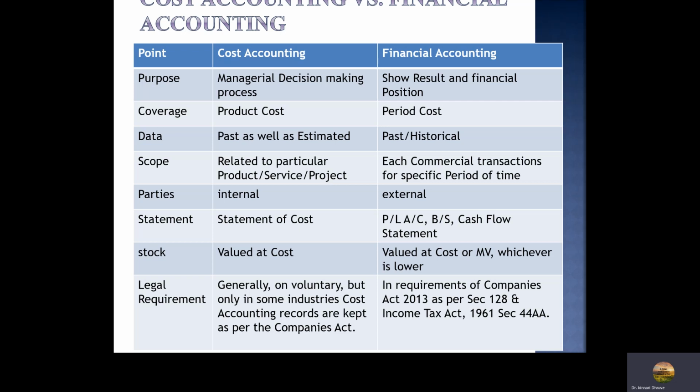It is not mandatory, but in certain industries cost accounting records are kept as per the Companies Act. Financial accounting is compulsory for all kinds of industries, as required by the Companies Act 2013 under section 128 and the Income Tax Act 1961 section 44AA. So these are the topics covered from unit 1.